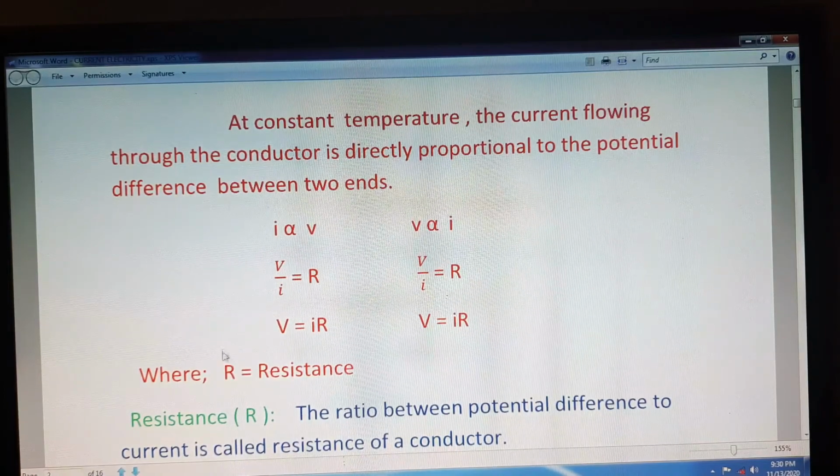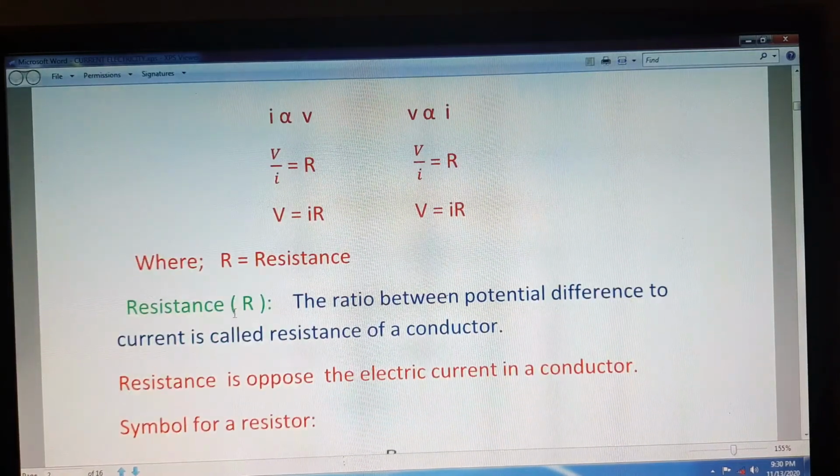The R is called resistance. So what is the meaning of resistance? The resistance is represented by capital R, and it is the ratio between potential difference, V, to electric current, I. So the ratio between potential difference to electric current is called resistance of a conductor.